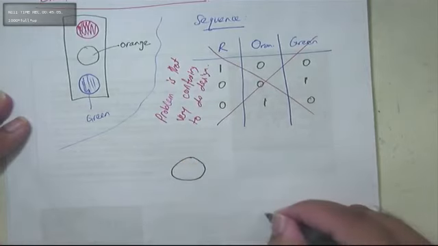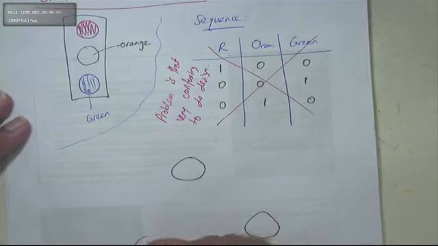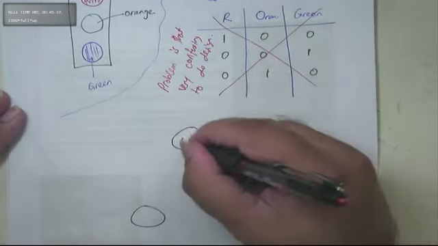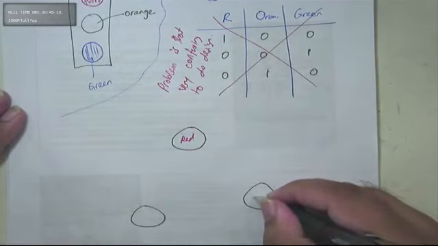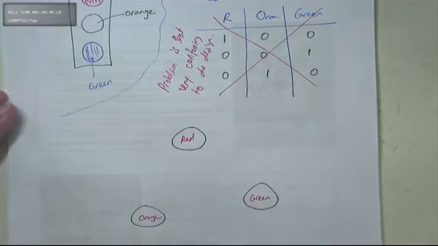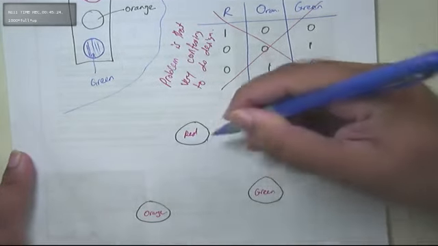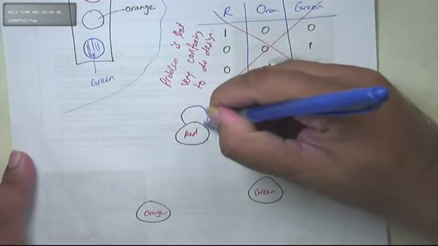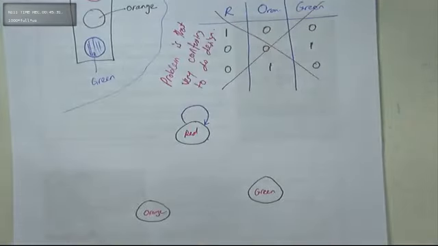So we have red, green, orange. Now, while it is red, there is a particular timing. It stays at red for a while. How many seconds, can you give me an estimate?